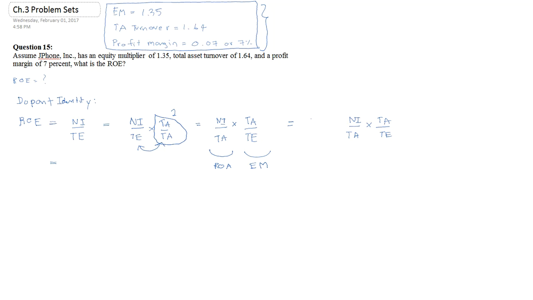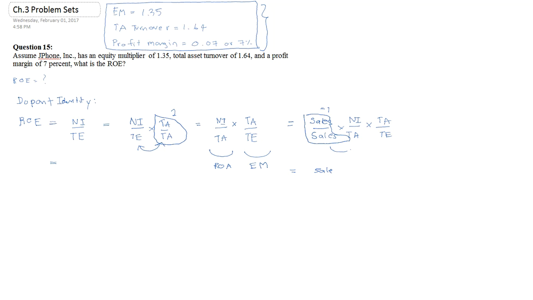If I multiply this side with sales over sales, again, because this part is equal to 1, multiplying by 1 will not change the result, but if you rearrange it, it gives you something very interesting.